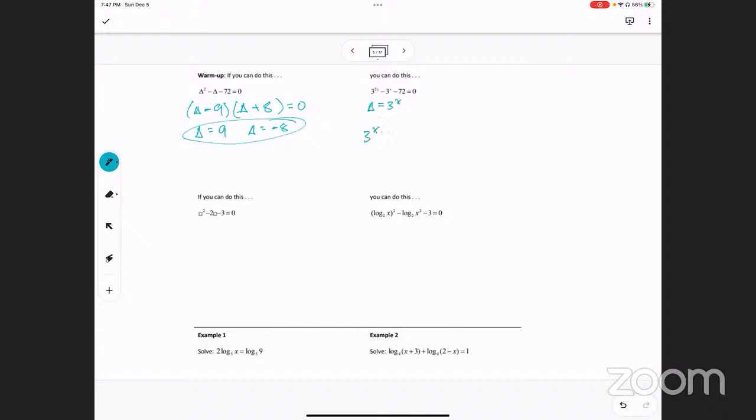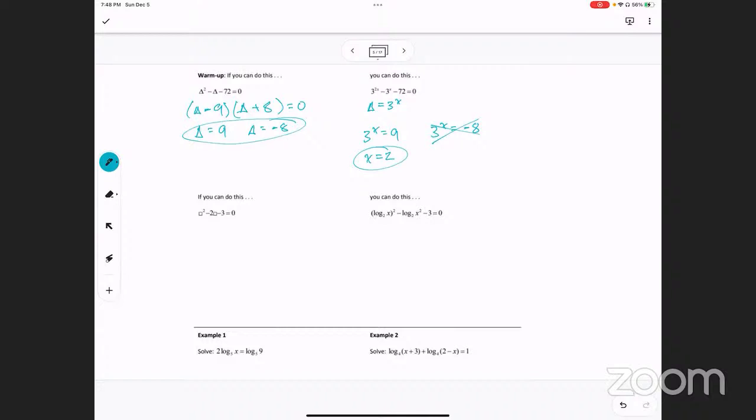So 3 to the x equals 9, and 3 to the x equals negative 8, which means, what's x equal? X equals 2. And this one doesn't have a solution. Got it? So they're using what's called substitution.